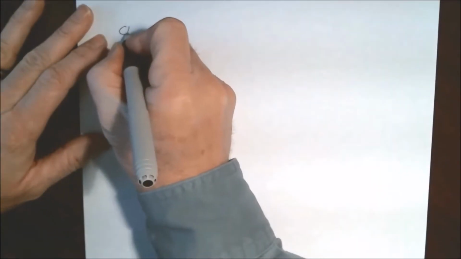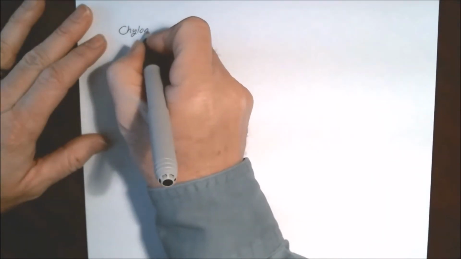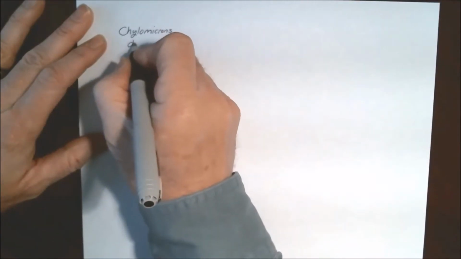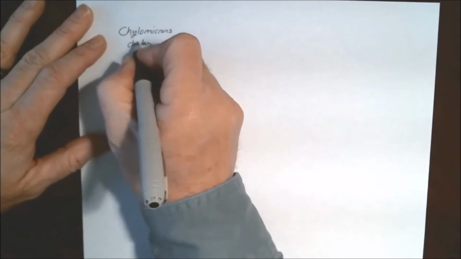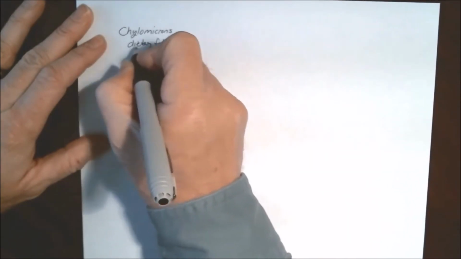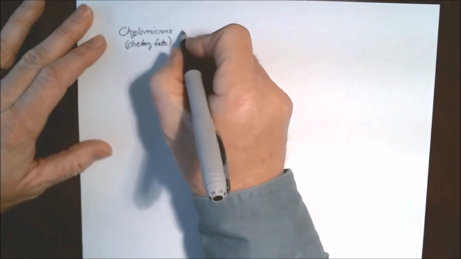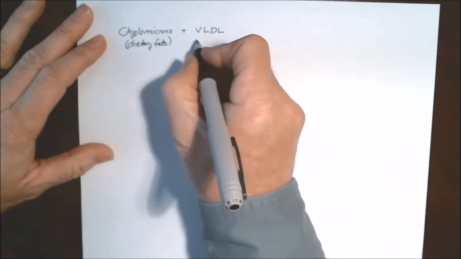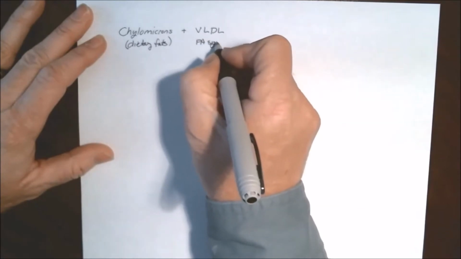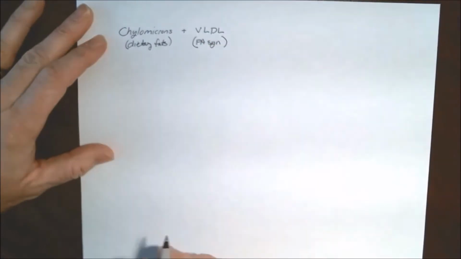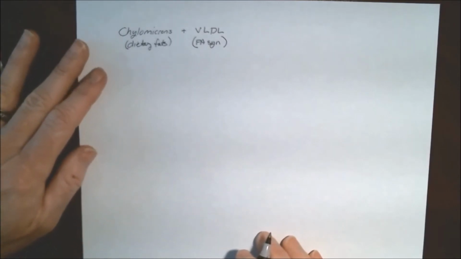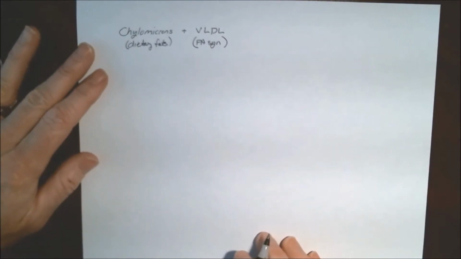Okay, now that we've formed our chylomicrons from dietary fats, and we have formed our VLDL particles from fatty acid synthesis in the liver in a fed state, let's take a look at the pattern of lipid flow in the body and what happens.